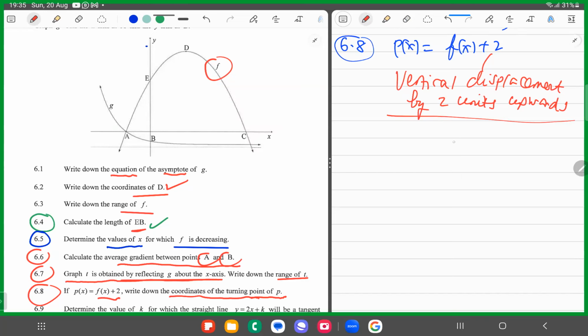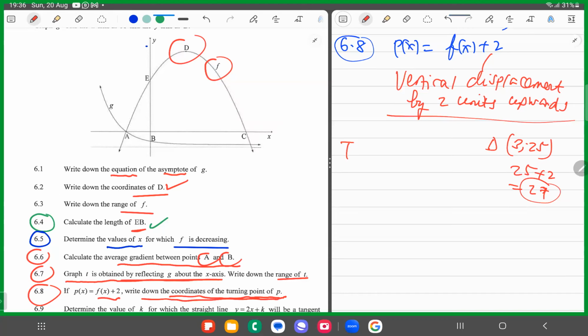So which means that at the vertex of the function, the point D had the coordinates 3 and 25. But 2 units upwards would mean that now you are adding, and if you add, it's going to be 25 plus 2 when x is fixed, and that is 27. So what is the turning point of P?